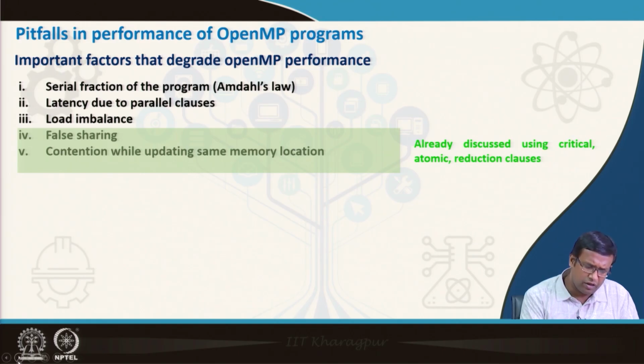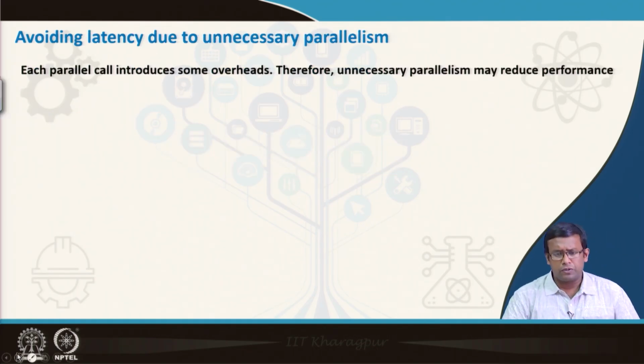We will rather focus this part of the discussion on understanding what to do when a part of the program is serialized, or what to do when there is certain latency due to parallel clauses. So one issue is avoiding latency due to unnecessary parallelization.